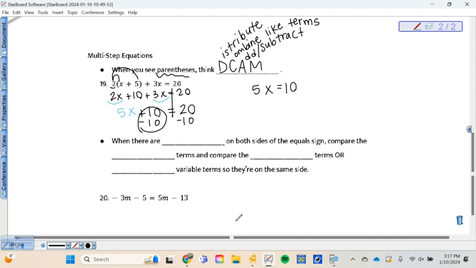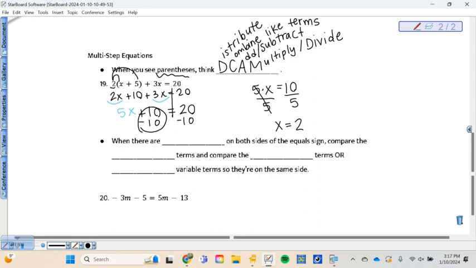Okay, and then what's the final step going to be? Dividing. That final step is either going to be multiplying or dividing. In this case, we divide because it's the opposite of this multiplication. So divide by 5, divide by 5. My 5s over here cancel, and we have x is equal to what? To 2.